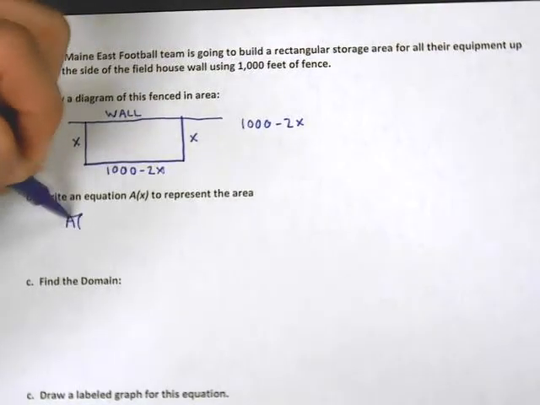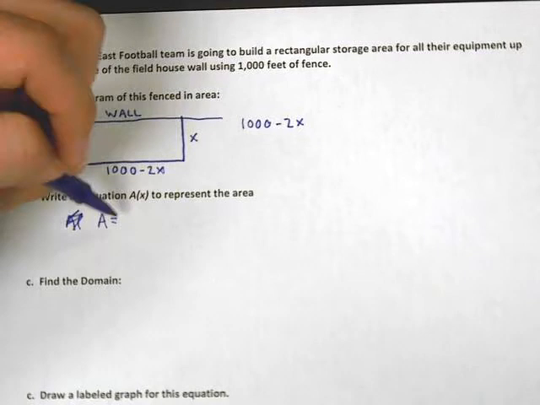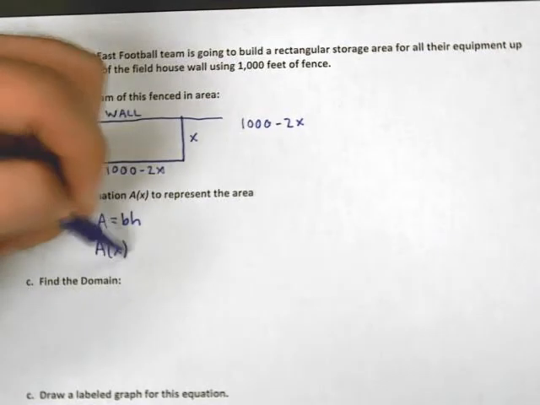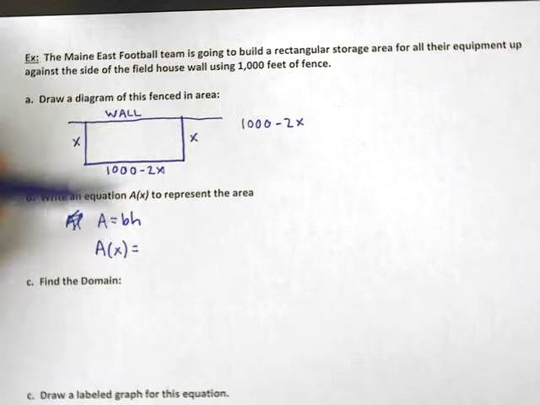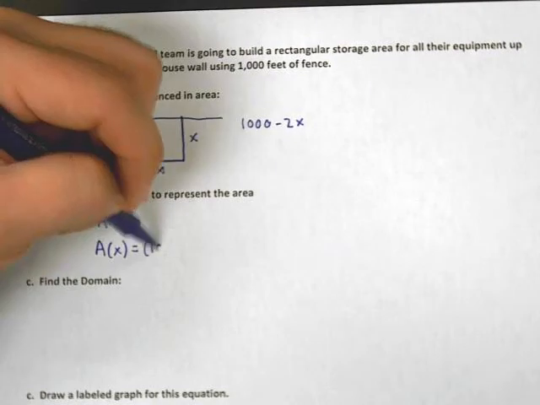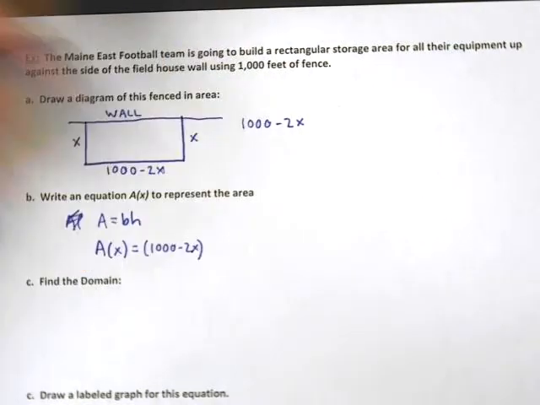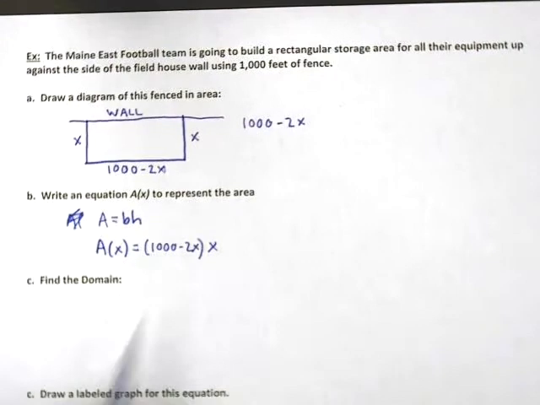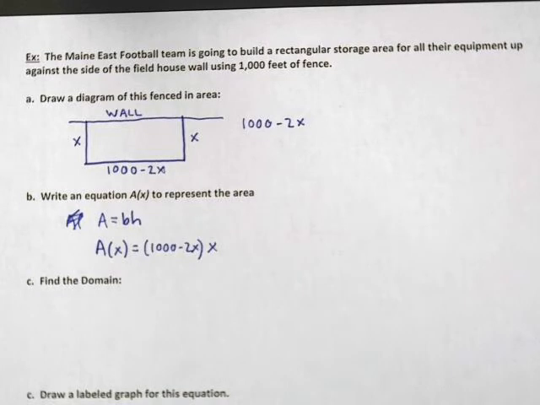Now it kind of turns into the exact same thing, honestly. Let me keep in tradition. I know that area is going to be base times height. So when I go to my function, base times height, let's go with 1,000 minus 2x, and then my height is x. It doesn't matter the order that you write this, guys. It's going to be the exact same.